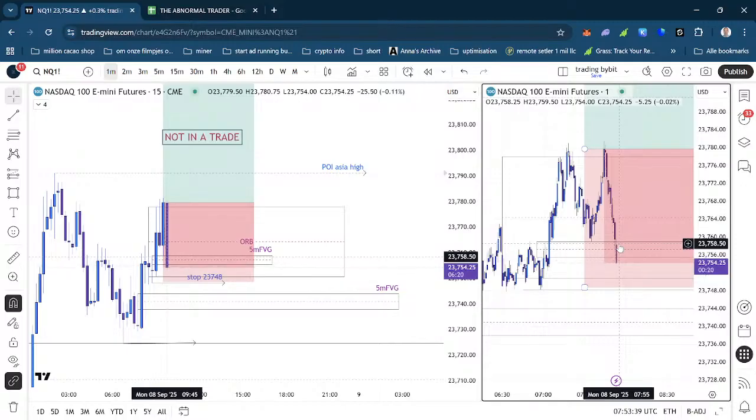So this is our last 5 minute fair value gap right here. If this one drops any further, yeah, I'm out of my trade too, by the way. My stops are exactly at the same spot of yours.